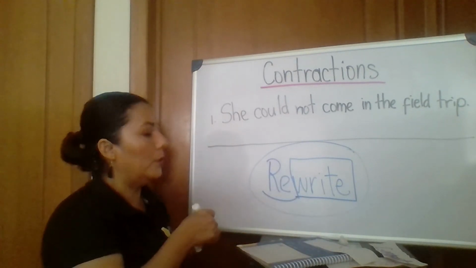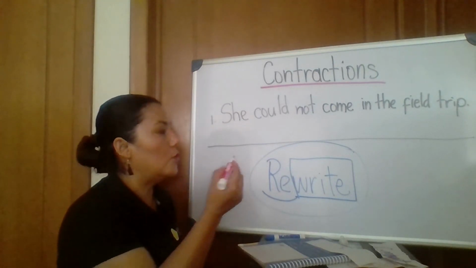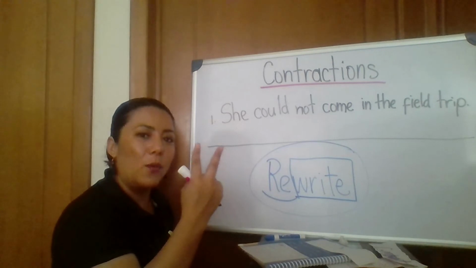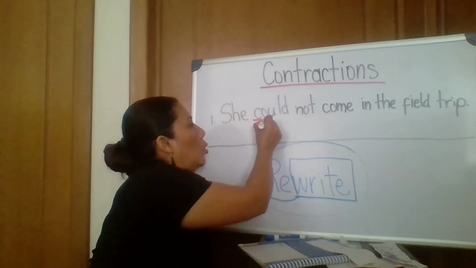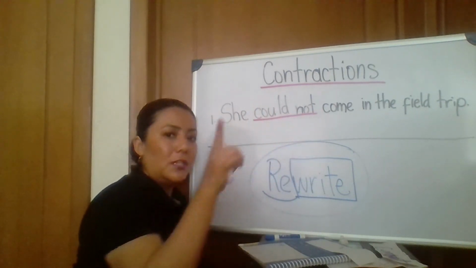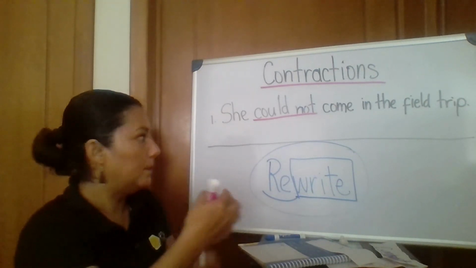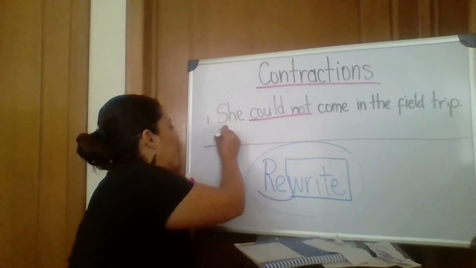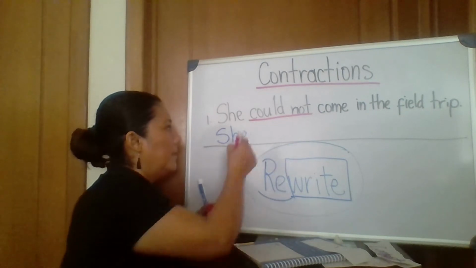Whoa, that's so simple. The first thing that I need you to pay attention to is the two words, the two contractions that we just practiced as the topic for today. Could not. Two words that you will put in the contraction form. Let's rewrite. So what does it say? The subject stays the same.